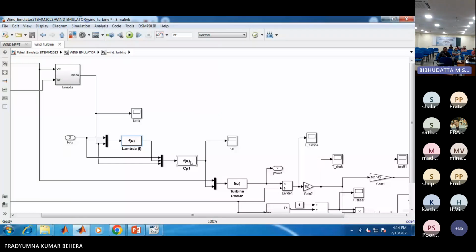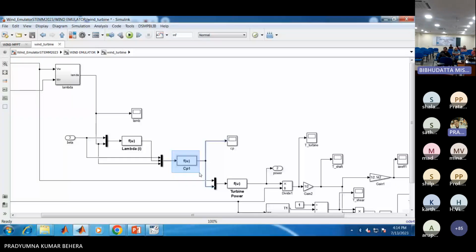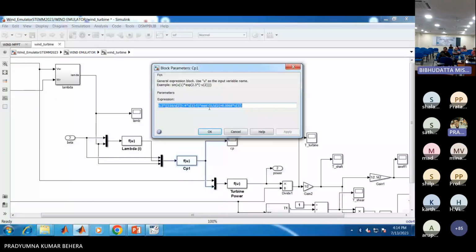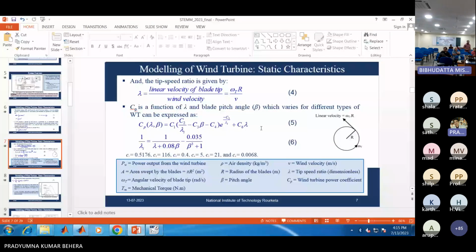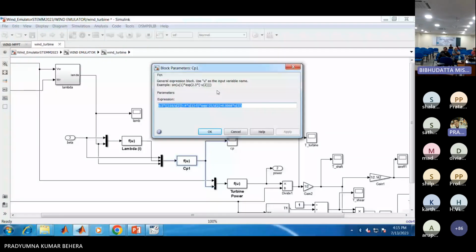In this block, CP, we have implemented the CP function, that is equation 5 of the PowerPoint slide. I have already shown that one. So the mathematical computation is shown here.